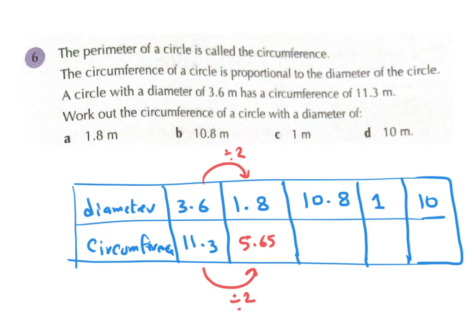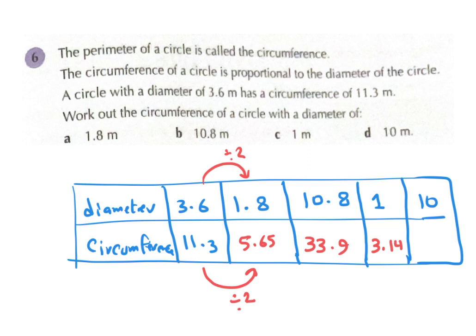33.9. Okay. Now for the next one, I need the answer with the cross multiply method. So 33.9 times 1, then divide by 10.8. 3.14?